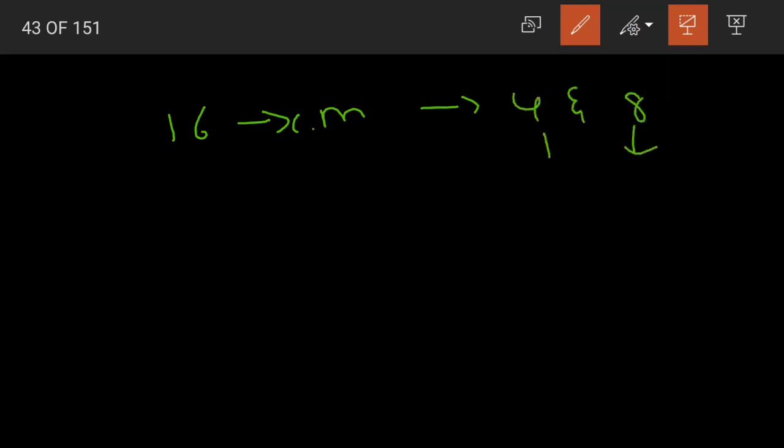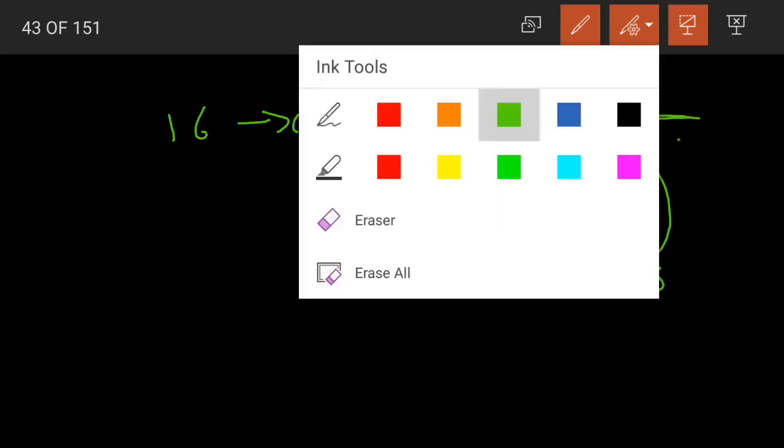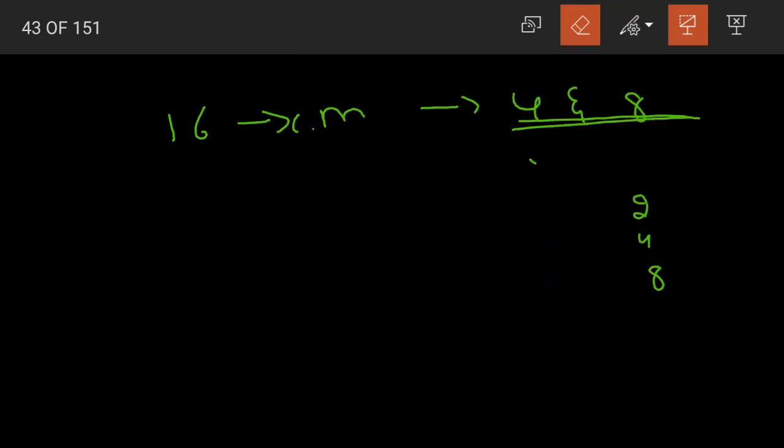Now if you look at the factors of 4 and 8, children, 1, 2, 4, and 1, 2, 4, 8. We are having the common factors here. Yes, 4 and 8 both have the common factors. Okay. Remember this point. That 4 and 8 have common factors. They have 3 common factors, 1, 2 and 4.